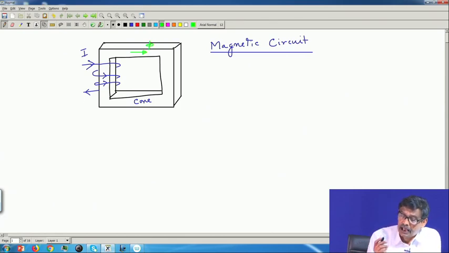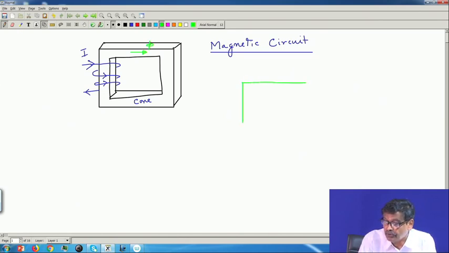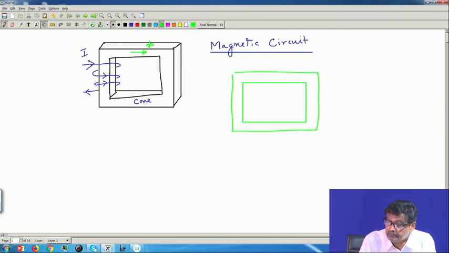And how to estimate that flux? You know, we apply the Ampere circuital law to find the flux produced in the core. For example, if I draw the sectional view of the core like this, then the conductors can be shown like this.